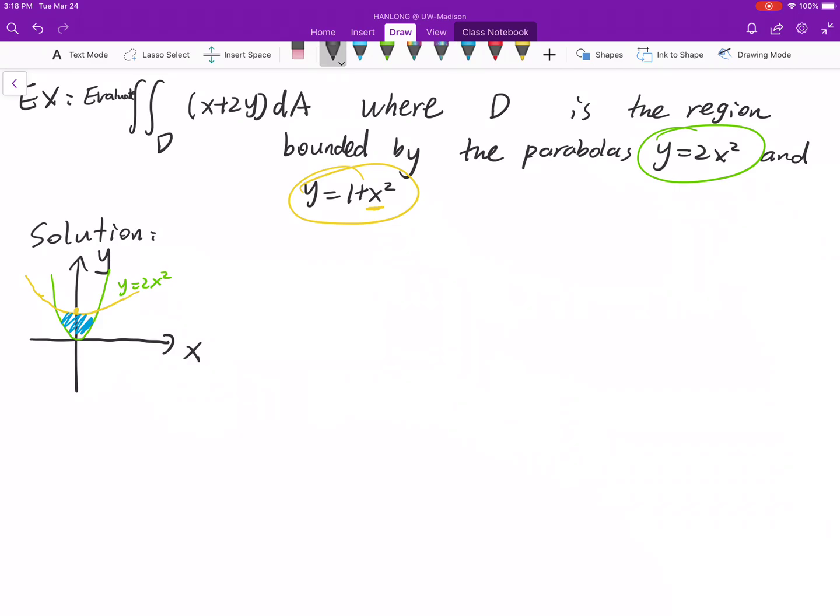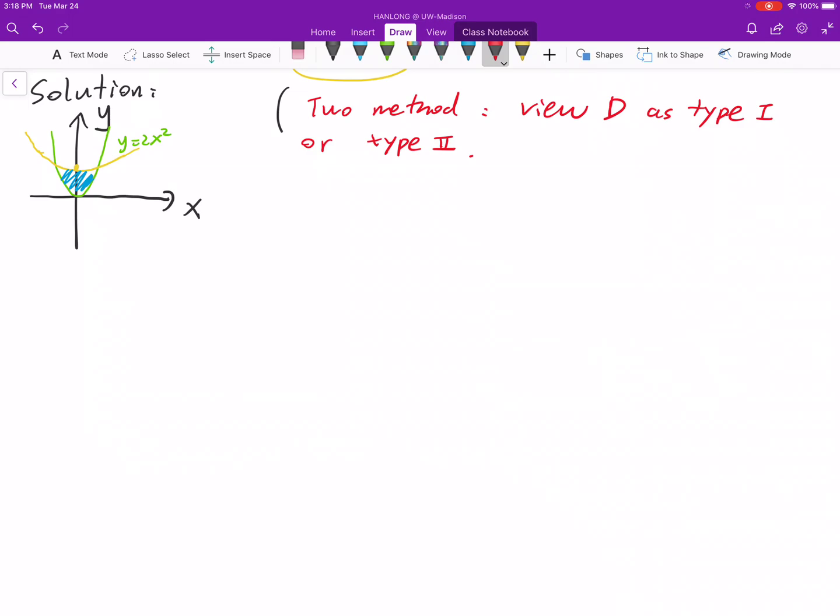Now we can figure out how to calculate it. So basically you have two methods. View D as type 1 or type 2. Here we will view it as type 1, but if you want to view it as a type 2 domain, then you need to do the following.